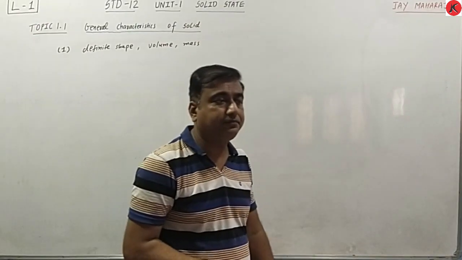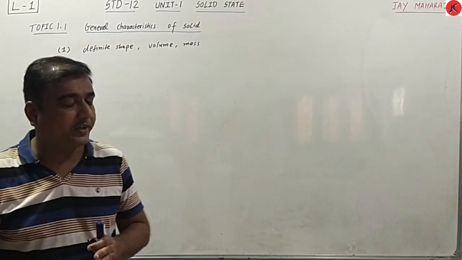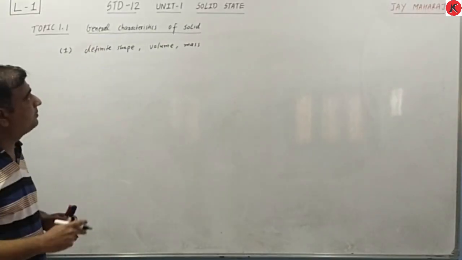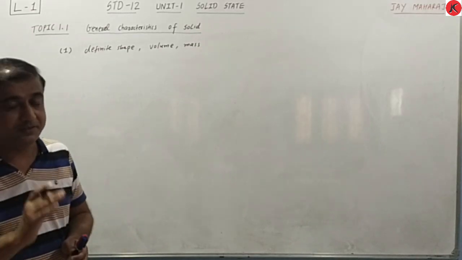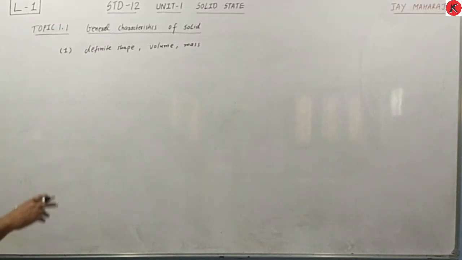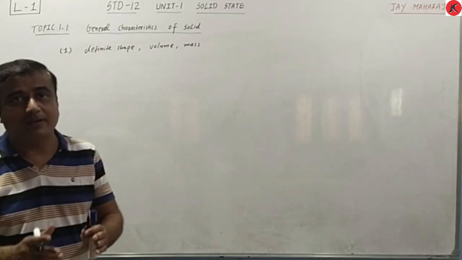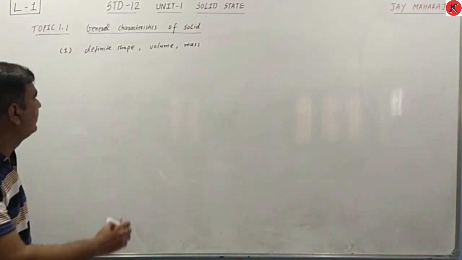In the liquid state, there is definite volume, but no definite shape. Volume is fixed. In case of gaseous substances, shape and volume both are not fixed. In all cases, mass is fixed.